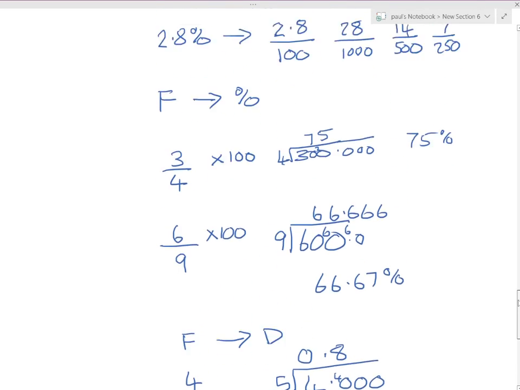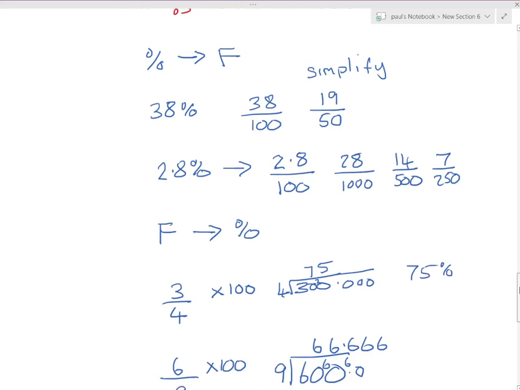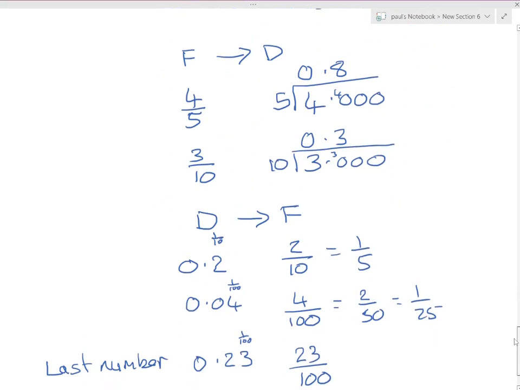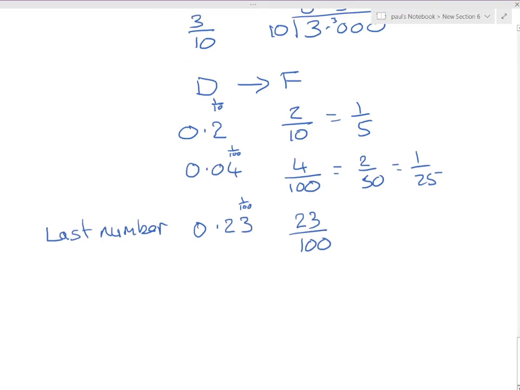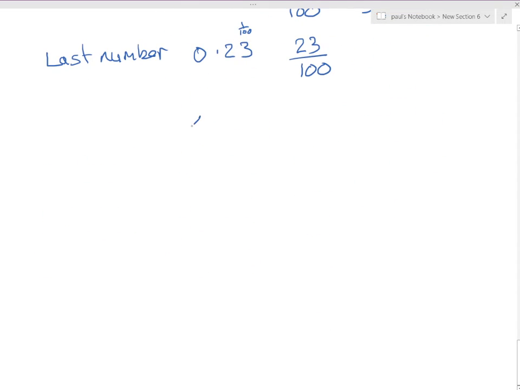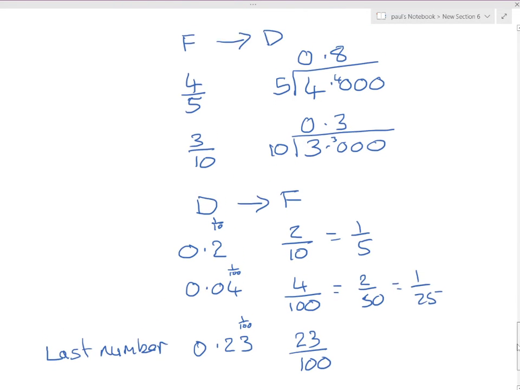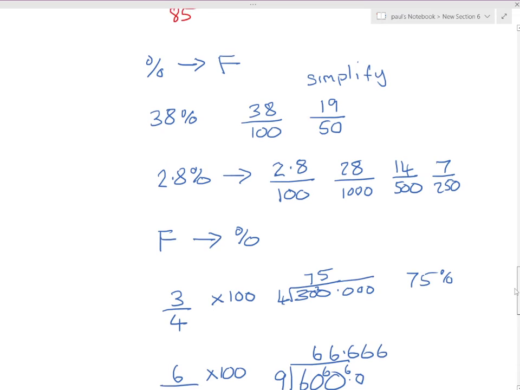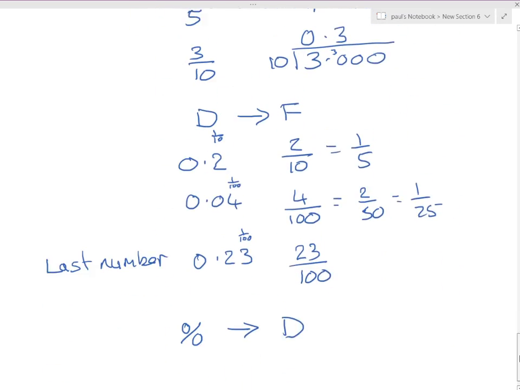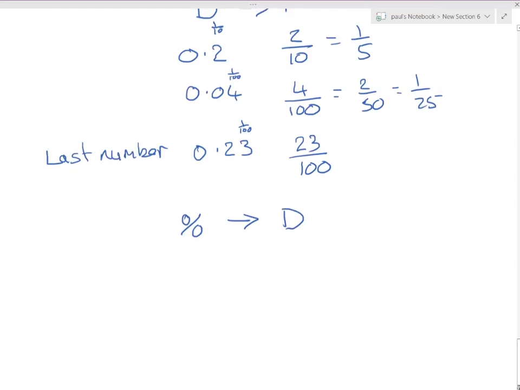And we've done fractions to percentages and percentages to fractions. So we need percentages to decimals now. Just make sure that's decimals, fractions, fractions, percentages. So percentages, decimals, the last one, yeah? So 32%.